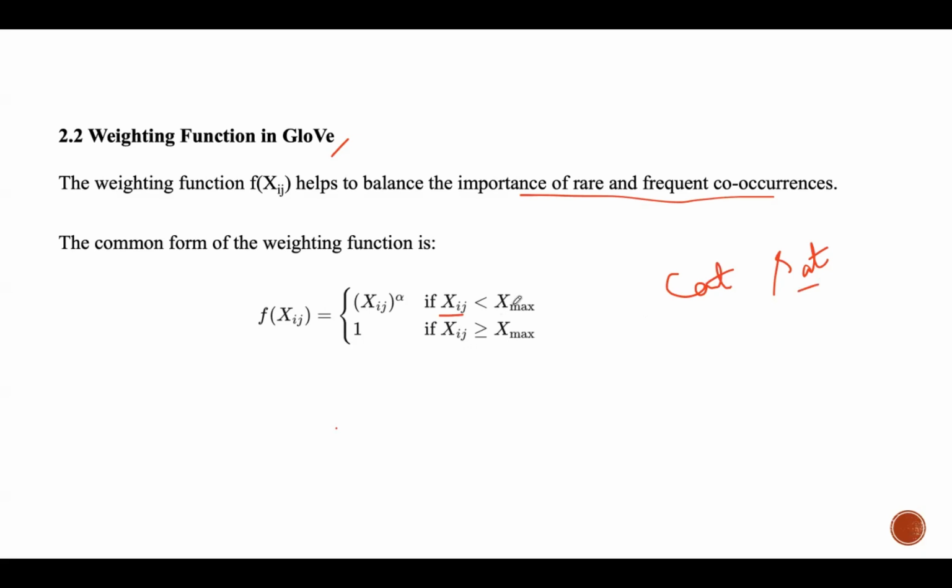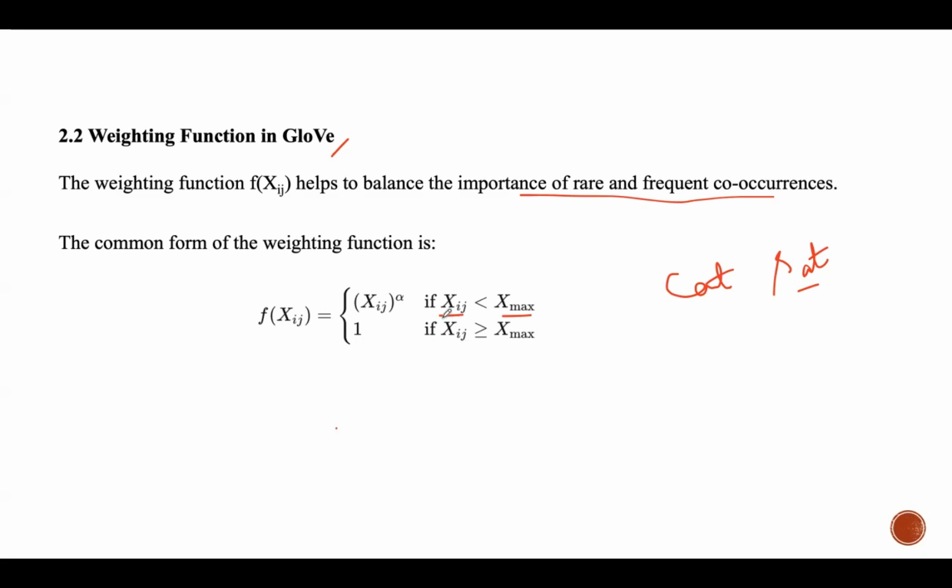Then X max is a threshold value. It limits the maximum influence of very frequent co-occurrences. For example, assume that we have very frequent co-occurrences like the and dog. Without capping, this pair might dominate the learning process because it appears in many contexts. So to resolve that, GloVe uses the threshold X max to cap the impact of such frequent co-occurrences.